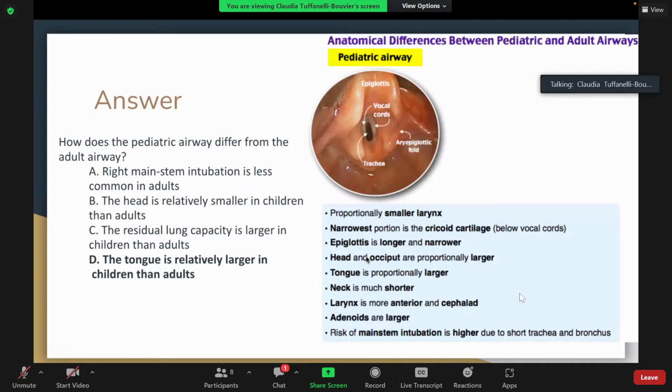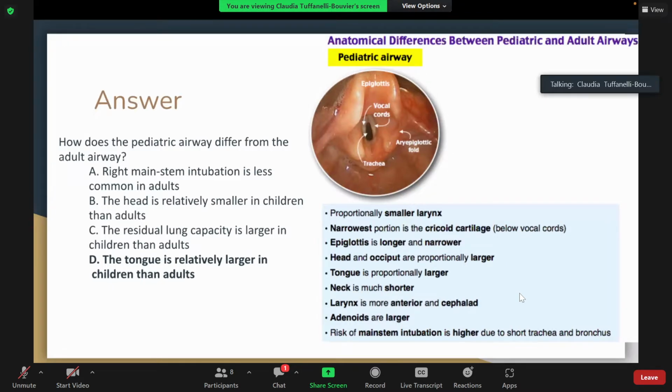So in the pediatric airway, the tongue is going to be larger. There are some other differences. The larynx is going to be smaller. The narrowest portion is the cricoid cartilage. The epiglottis is longer and narrower, so your epiglottis is going to be big and floppy in kids.